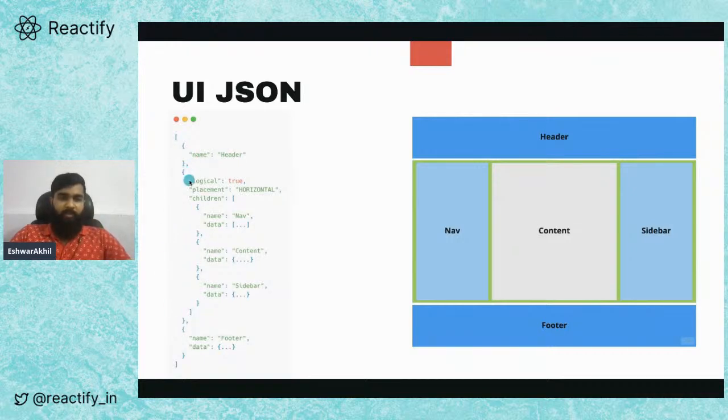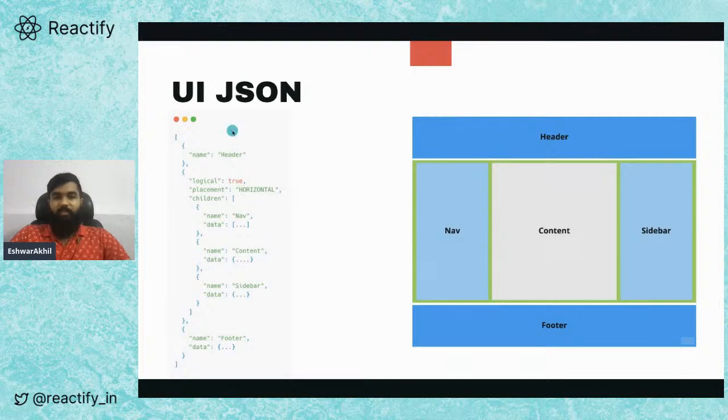It has a logical operator called true, right? So this means that this is not a straightforward division, but it has some children inside it. It has a nav bar, a content, and a sidebar, right? So all of these are children. And in turn, inside these children also, there can be a further tree DOM structure present. In the current example, it doesn't have any, and we have a third JSON called the footer. It just has a plain name, right? Like this, we can represent the UI in a JSON representation.